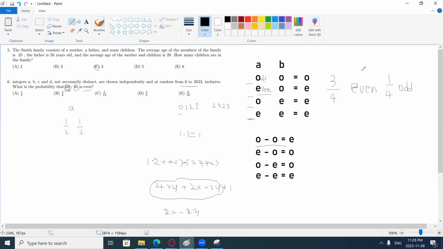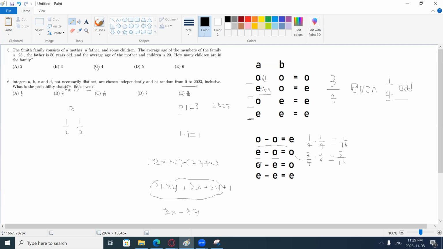So now let's calculate the probability that each case happens. For an odd number, there's a 1/4 chance. So you need to get an odd number first, which is 1/4 of the time, and another odd number, which is another 1/4 of the time. So that is 1/16 of the time you'll get this case. Similarly, this would be 3/4 and 1/4, so 3/4 times 1/4 is equal to 3/16.